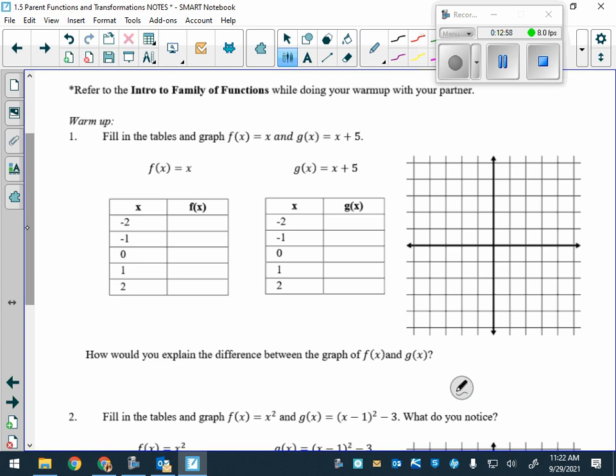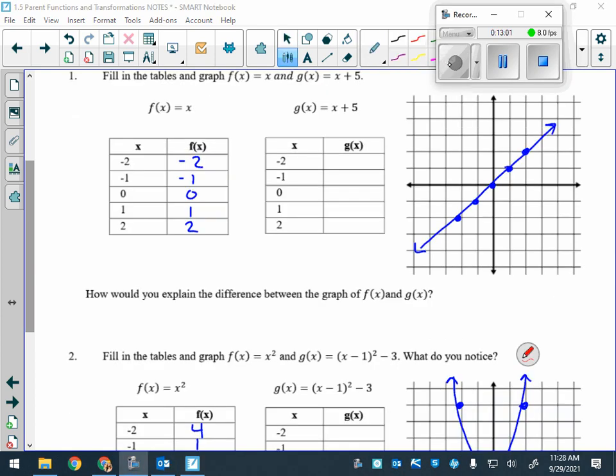If you do, describe it. So for the g of x function for the first one, what are my new values? What are my g of x values? Yeah, Rory. Good.